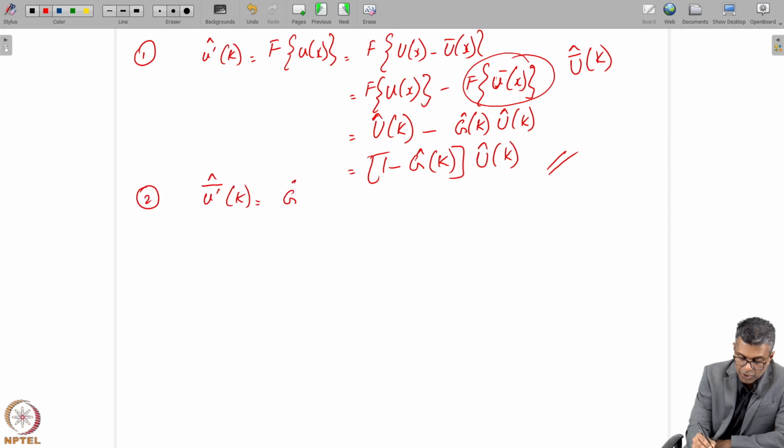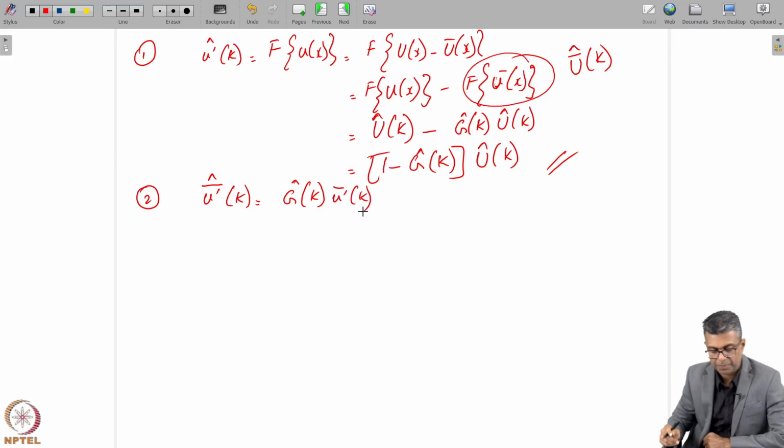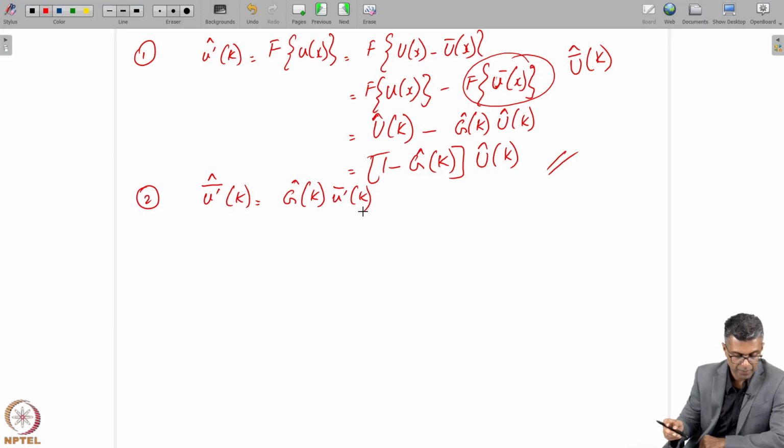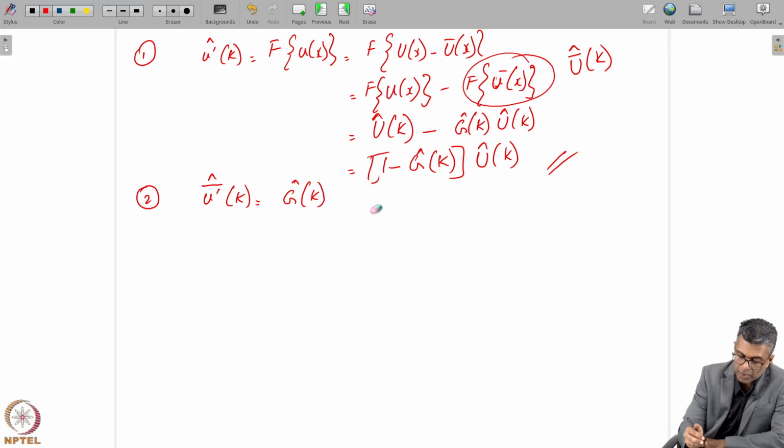It is g hat of kappa times the Fourier transform of u prime. It's in Fourier space, right? So that is g hat of kappa times, sorry, u prime hat of kappa, which is what we just found.